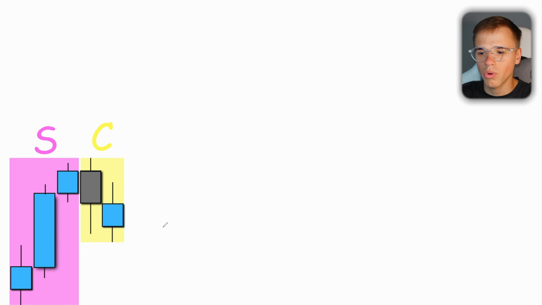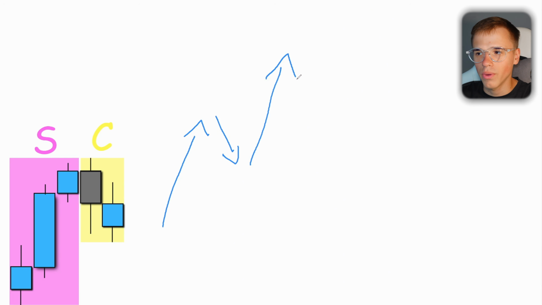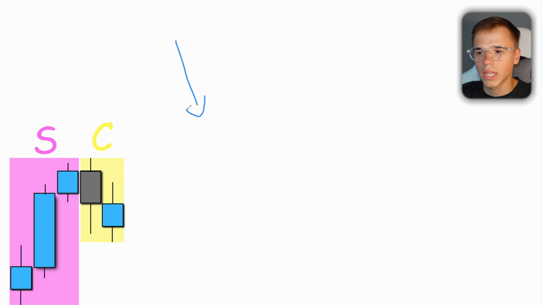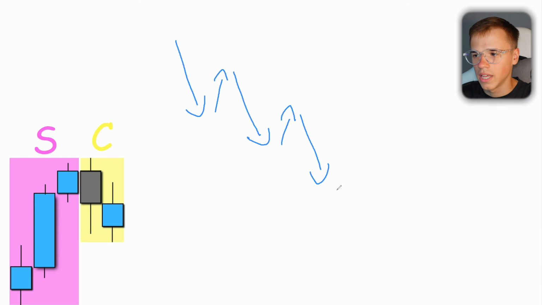We are always going to have corrections and structures in the market like this. If we are trending to the upside, it's gonna look something like this. And if we are trending to the downside, we are going to have structure to the downside and then correction to the upside. And this is a normal market movement, as you're going to see later in the video.